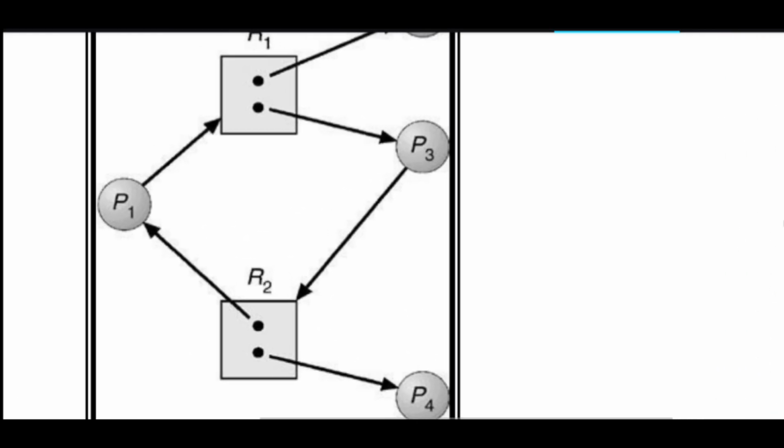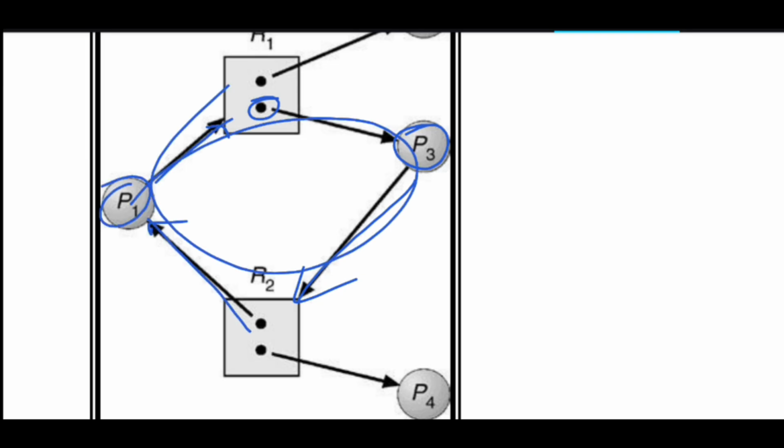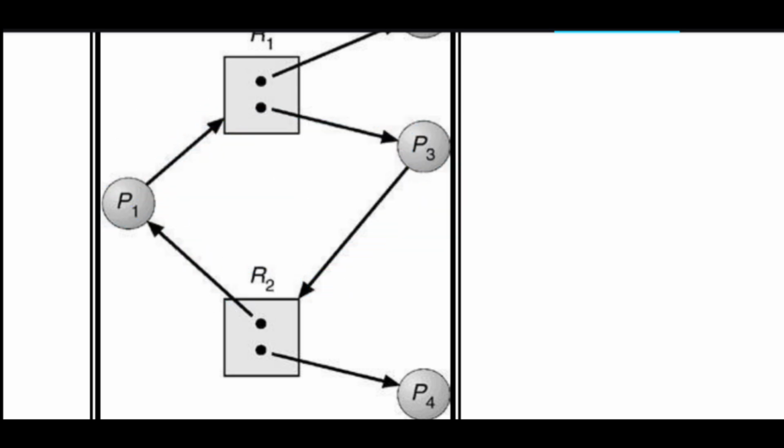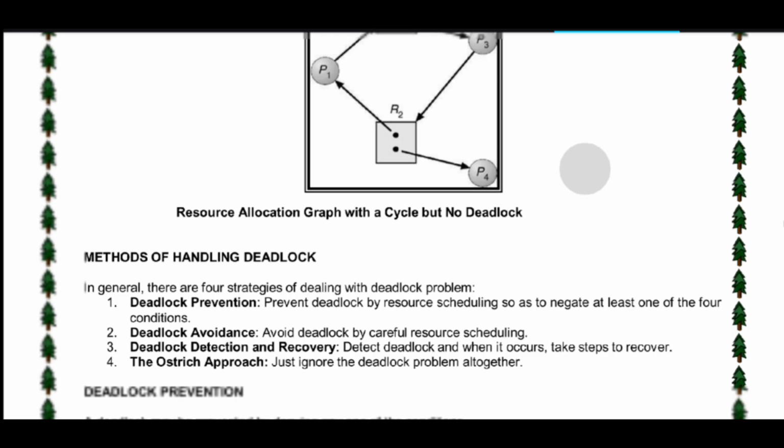Let's move to the cyclic nature. P3 is holding a resource and requesting another resource, and P1 is holding a resource and requesting another resource. This is cyclic, but no deadlock is found because the other three conditions aren't available here.